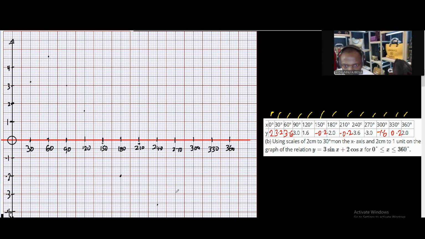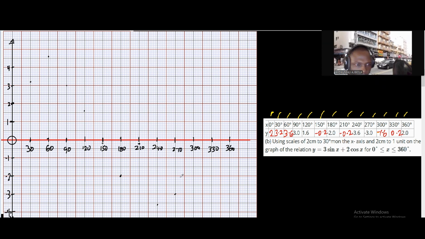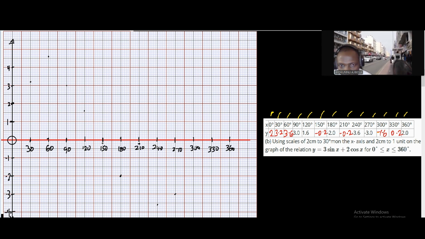So 270 is minus 3 exactly on the line. While 300 is minus 1.6. So minus 1.5 is here and minus 1.6 is after 1.5, somewhere here, not there. This is 1, this is 1.5, so somewhere here, minus 1.6, before the 2.